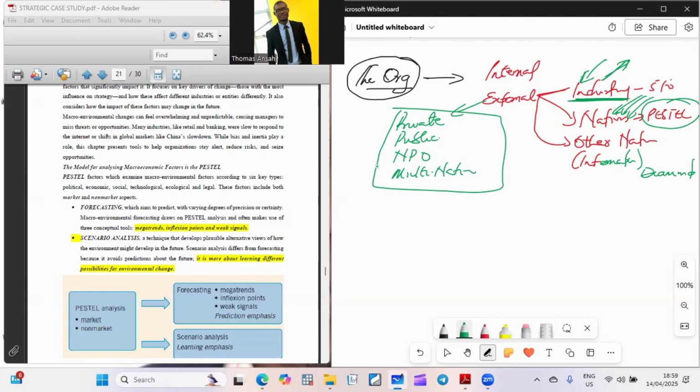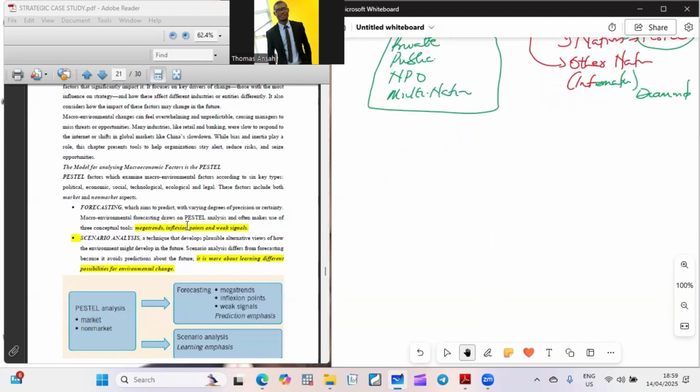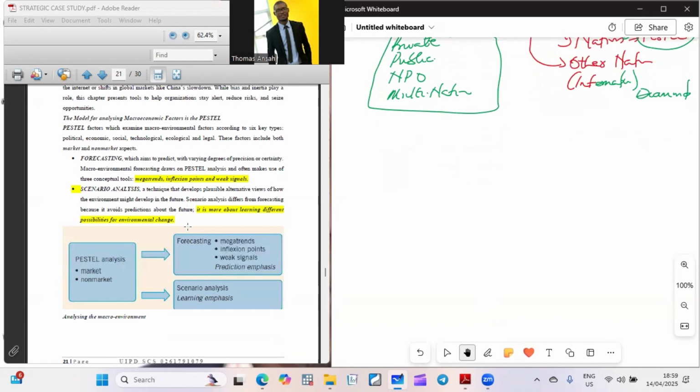And the future for any organization in terms of its relationship with the environment is also uncertain. So it becomes very important that the manager will sit down to analyze how the future will be in terms of environment. All right. So now you heard him explain the PESTEL to you.